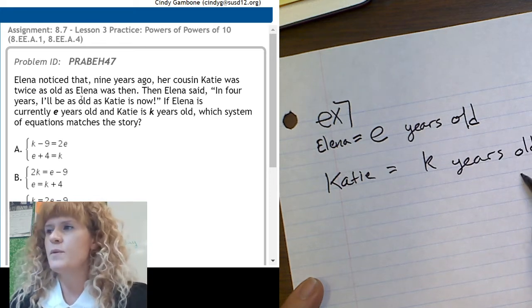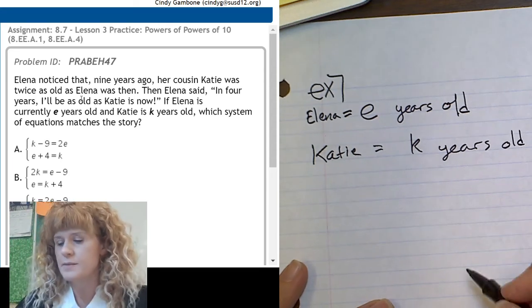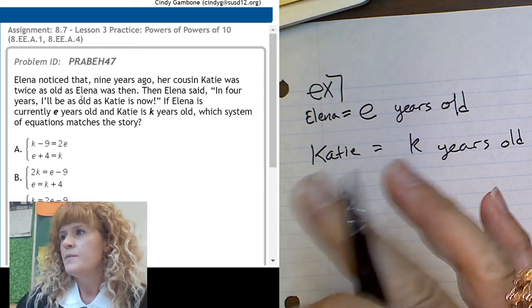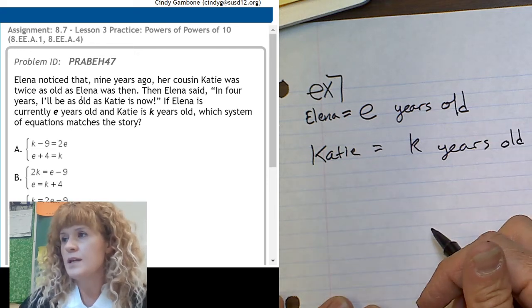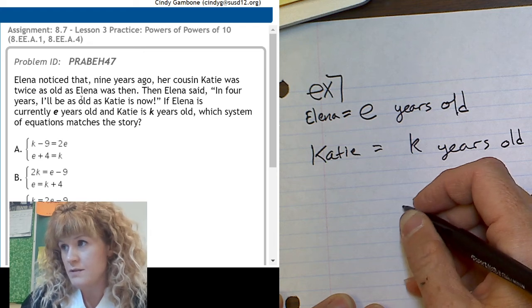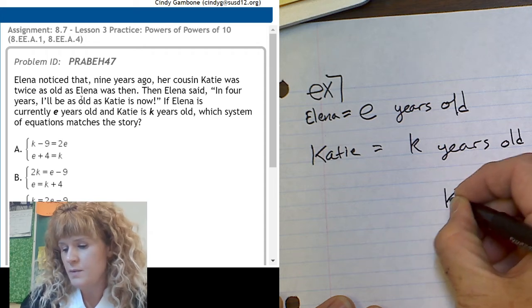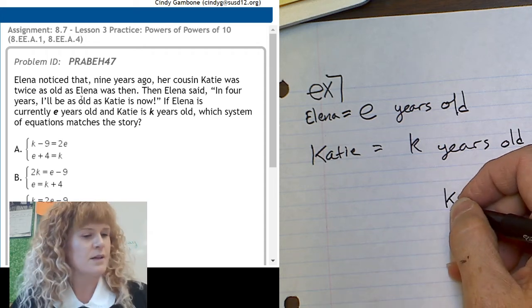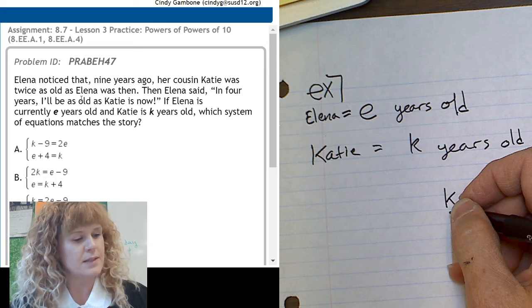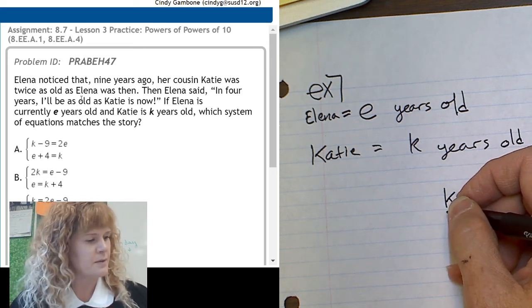Which system of equations matches the story? This one's pretty hard, actually. It's not that simple. So, 9 years ago, Katie was twice as old as Elena was then, right? 9 years ago. Katie was, gosh, I have to think about this every time. I even did it twice. It's confusing. I'm going to get my notes.